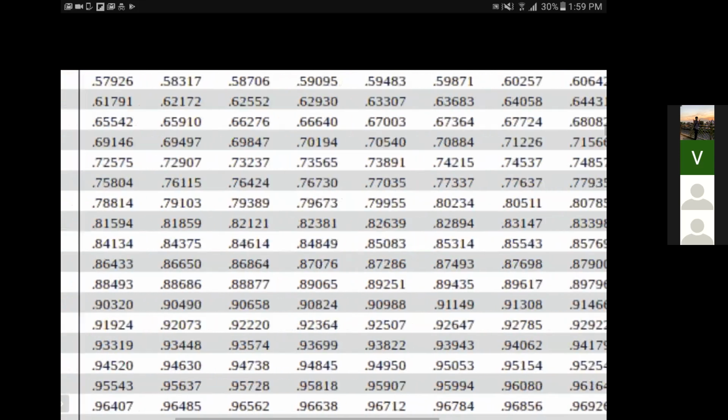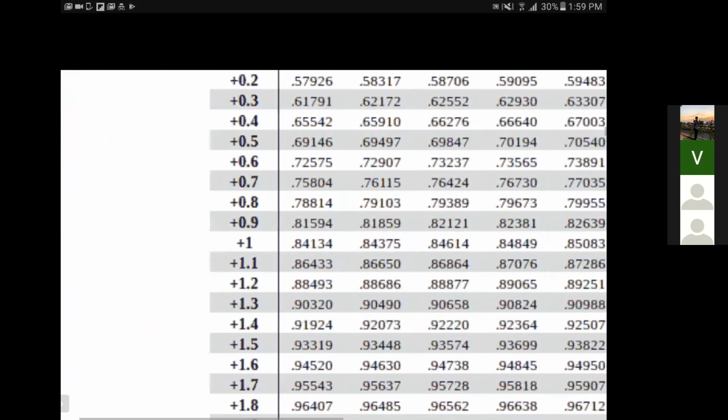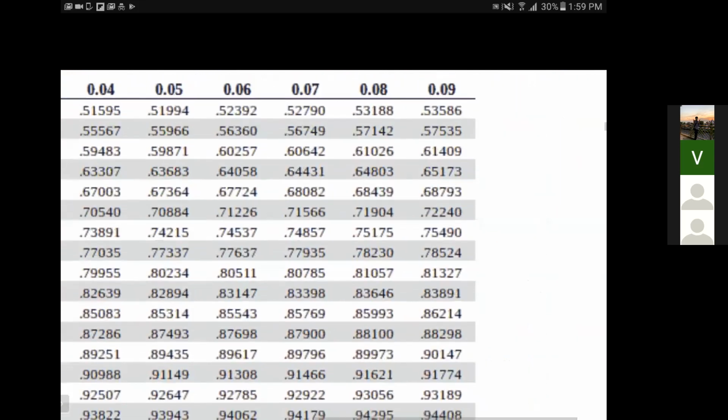Itong 1.28 o 1.29? Actually, doesn't matter sa akin kung may solutions, pero sa multiple choice, doon tayo sa 1.28. Mas malapit si 0.89973 kaysa kay 0.90147.